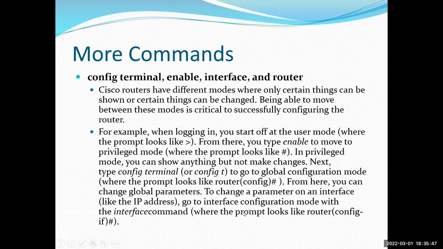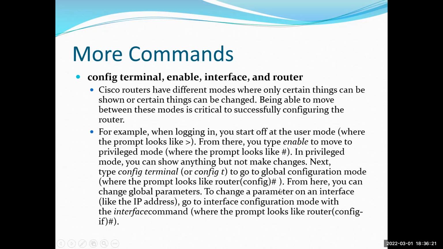So for example, when logging in, you start off at the user mode where the prompt might look something like this, right? From there, you type enable to move to a privilege mode where the prompt might look something like this. In privilege mode, you can show anything, but you may not be able to make changes. So next, you need to type something like config T, or config terminal, to go to global configuration mode, where now your prompt might look something like this.